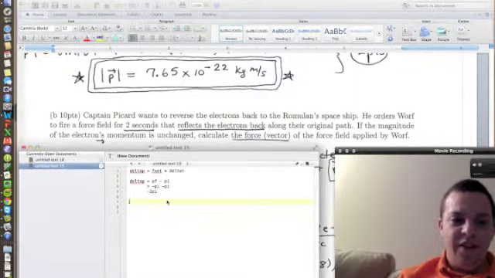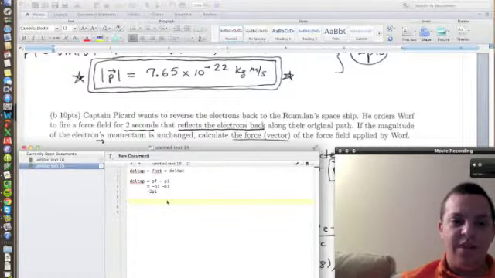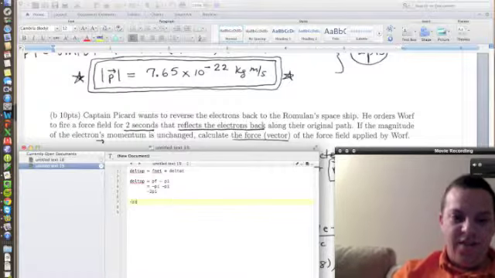If we continue on, we're going to substitute the quantity that we just got for delta P back into our equation, and we'll get negative 2 pi equals F net times delta T. Our problem actually gives us delta T: it is 2 seconds, the time that we're going to be firing the force field.